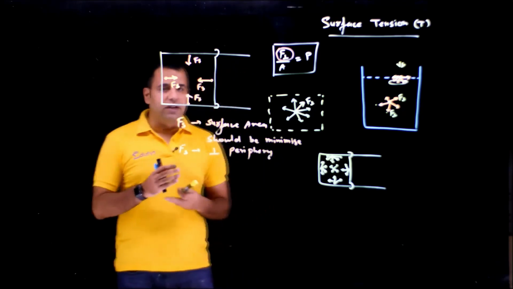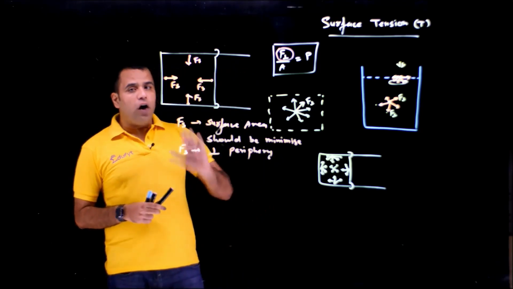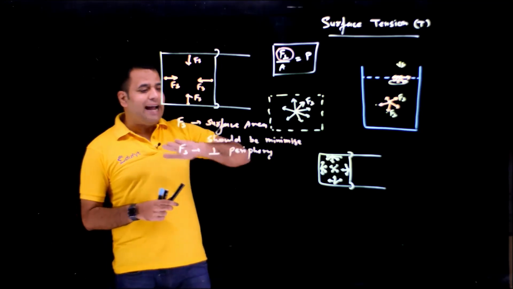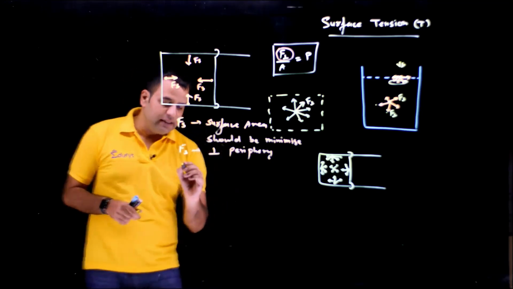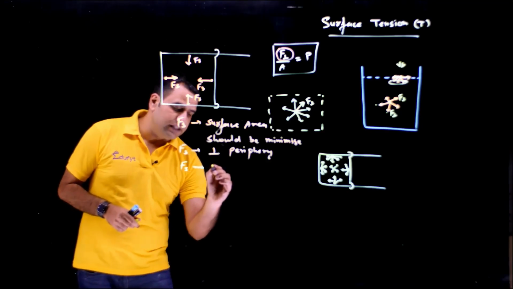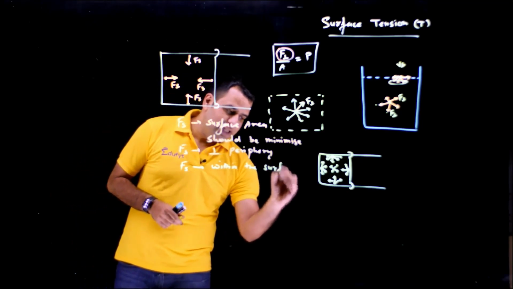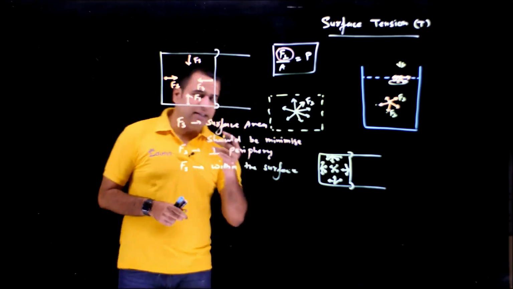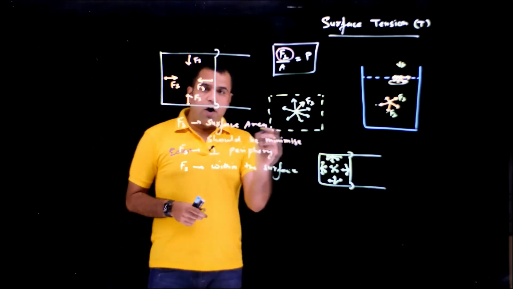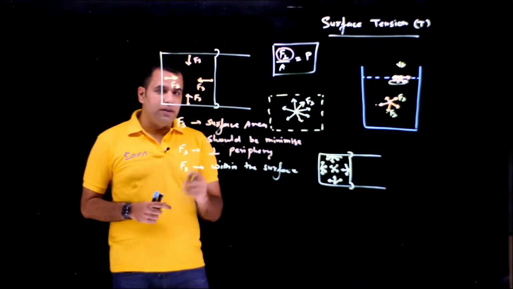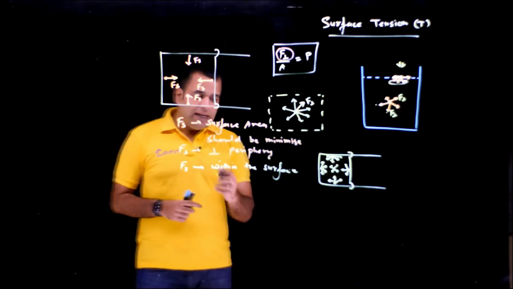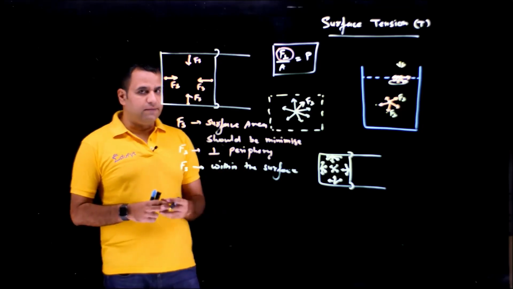This becomes the behavior. These forces are always planar. They always act within the surface. These Fs always act within the surface. So these three properties define the Fs. They always try to minimize the surface area. They are always perpendicular to the periphery, and they always act within the surface, basically.